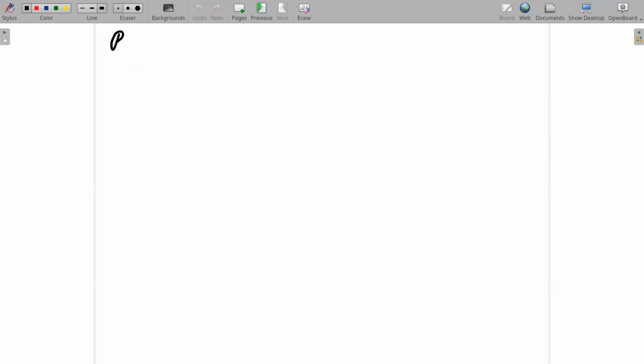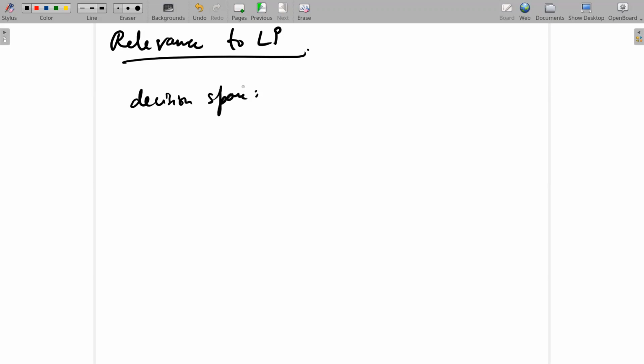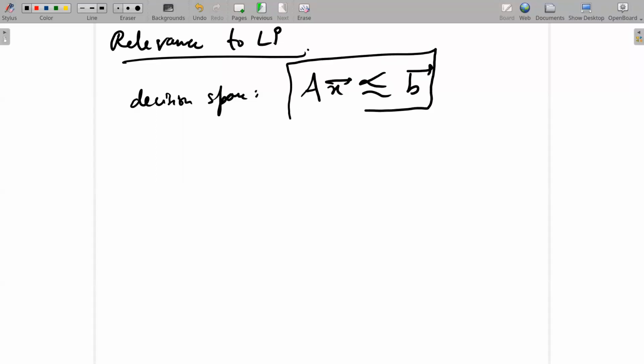So what is the relevance of all this to LP? We will rewrite the decision space as Ax is less than or equal to b, in a very nice, succinct manner. So we had all this bunch of inequalities, and let's say wherever there is equality, we'll let Cx equal d.